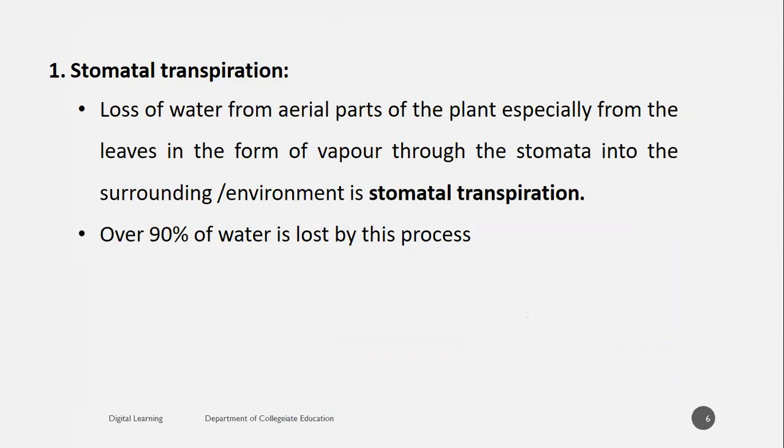Stomatal transpiration is the loss of water from the aerial parts of the plant, especially from the leaves, in the form of vapor through the very minute apertures called stomata into the surrounding. It is a major type of transpiration which accounts for 90% of the water lost by the plants.